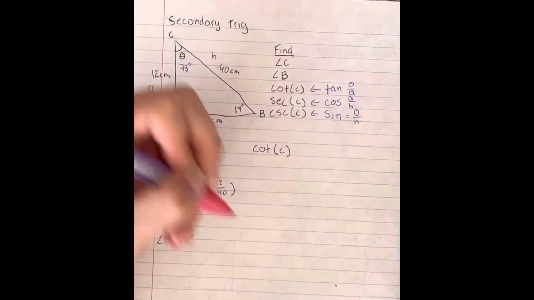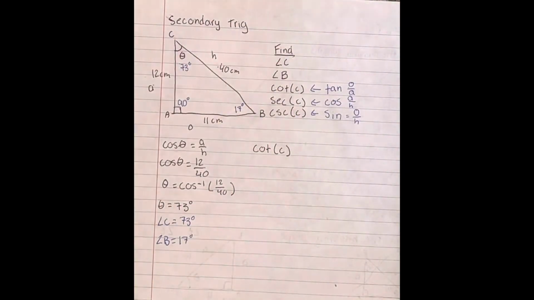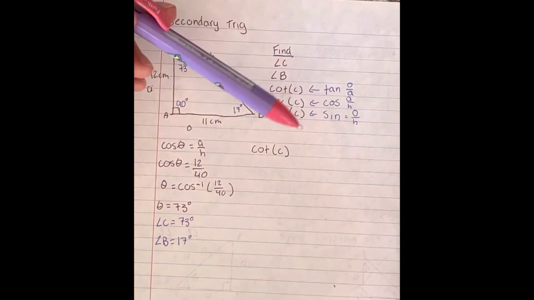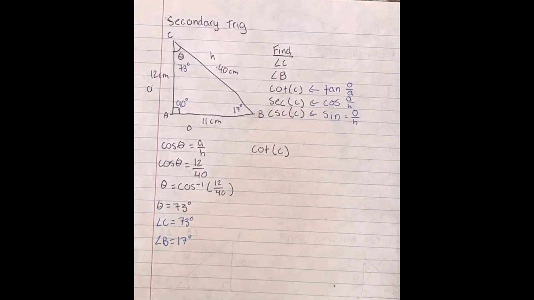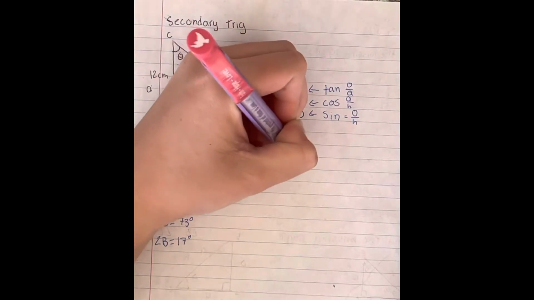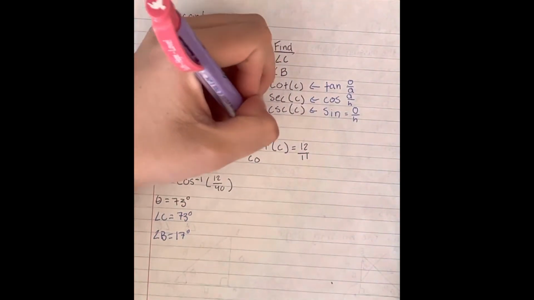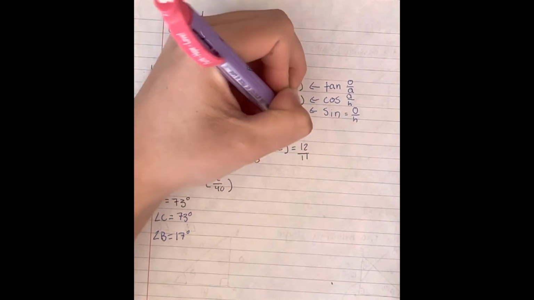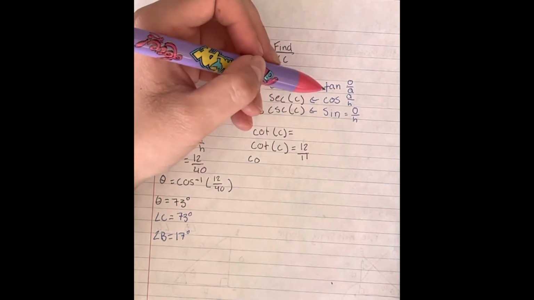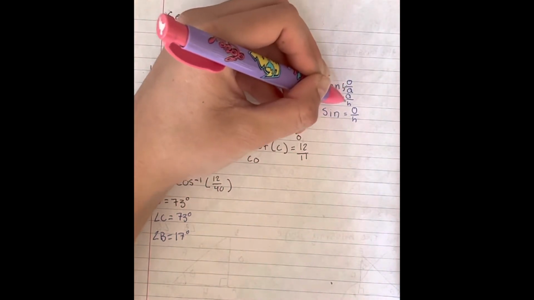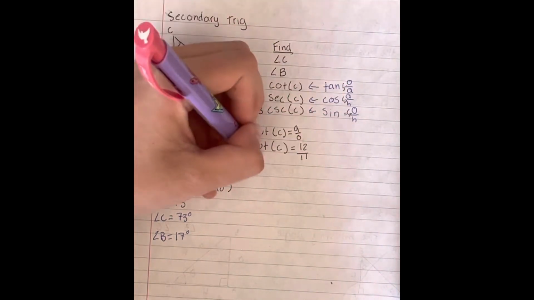So starting out with cotangent of angle C, we know that that is just tan but flipped, so the reciprocal. So I am just writing out A over O, so adjacent over opposite, to remind me, because tan is opposite over adjacent, so I'm just flipping it. And then to fill that in, I'm writing 12 over 11 as the ratio.